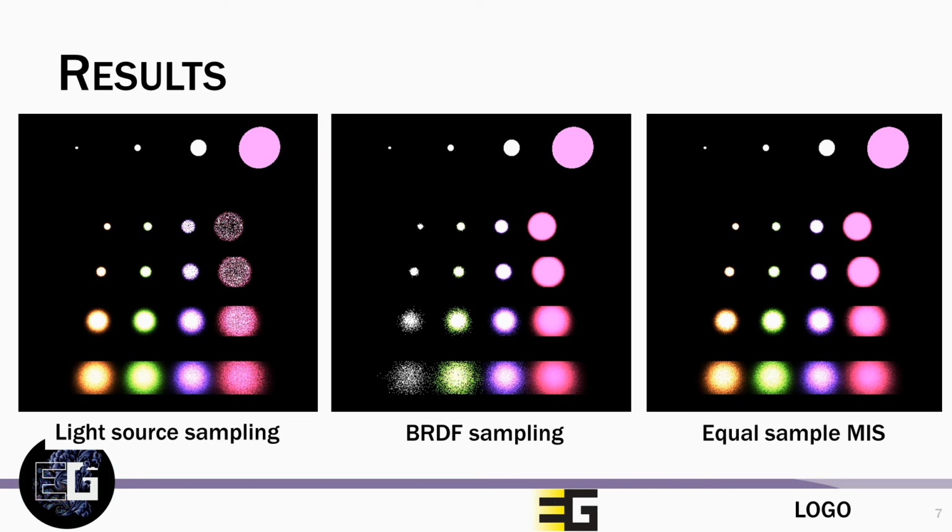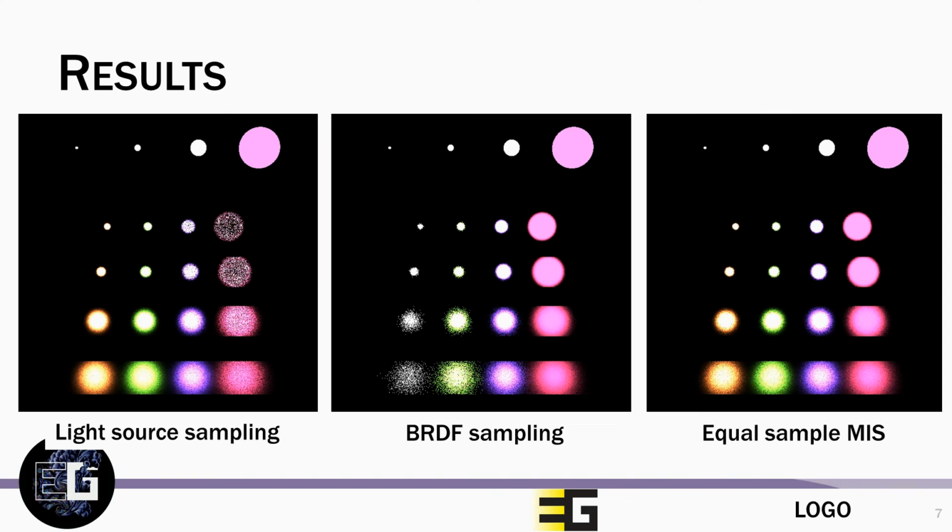To demonstrate the merits of the proposed heuristics, we take the classical scene of Veach, where spherical light sources of different sizes illuminate rectangular surfaces of increasing specularity. Light source sampling is good for small light sources, but fails at highly specular surfaces.